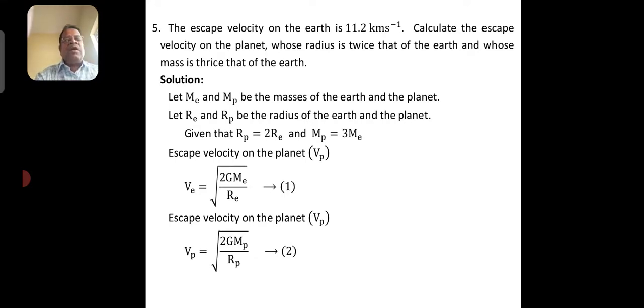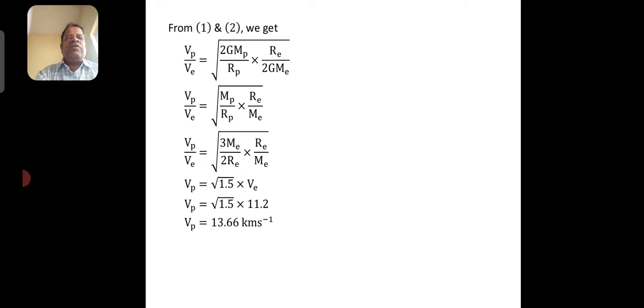Escape velocity on the Earth, v equals root 2GMe by Re. Take it as equation 1. Escape velocity on the planet Vp equals root 2GMp by Rp. Take it as equation 2.